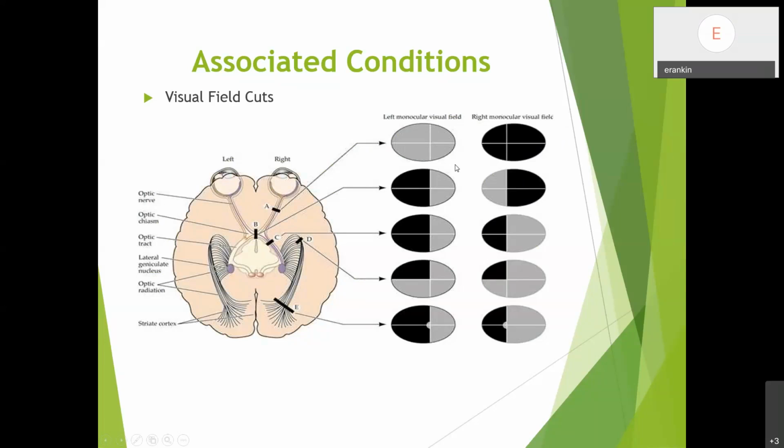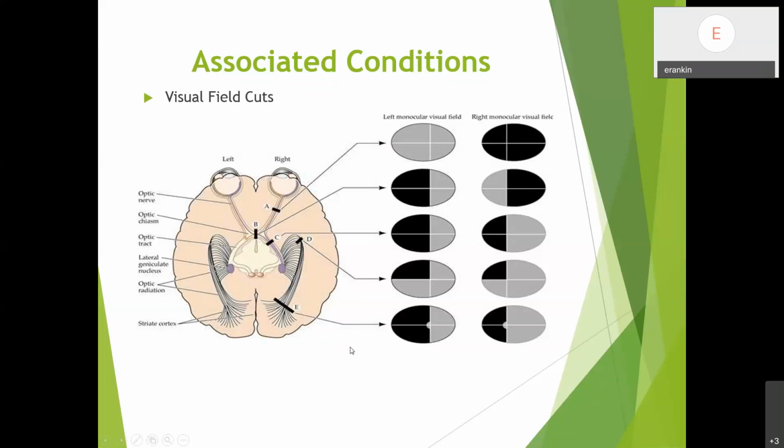But if you move back past A to B, you're going to have problems seeing things on both sides, what we call bitemporal injury. You typically don't see strokes at B, but what you do see there is pituitary tumors that put pressure on it, and that's typically the manifestation of a visual impairment that might show up. The person all of a sudden is not seeing things on both sides of their world.